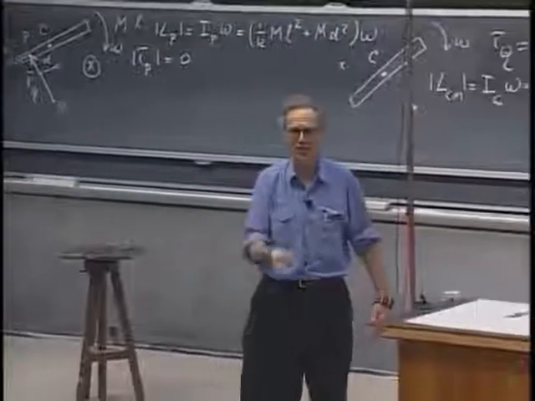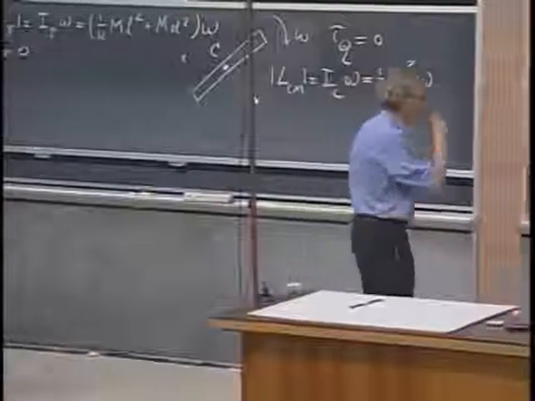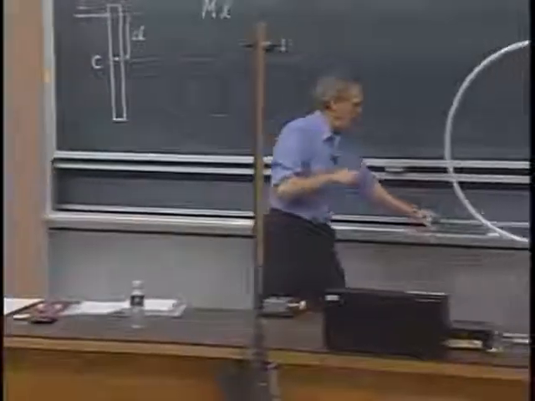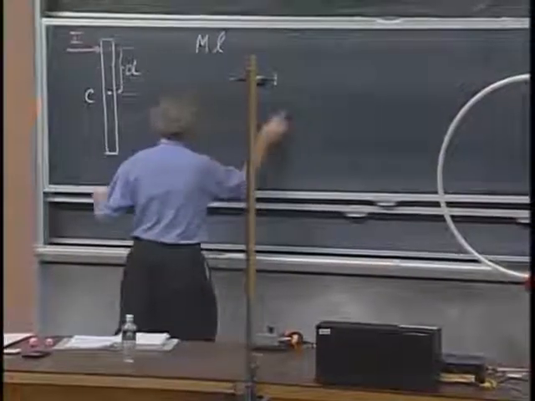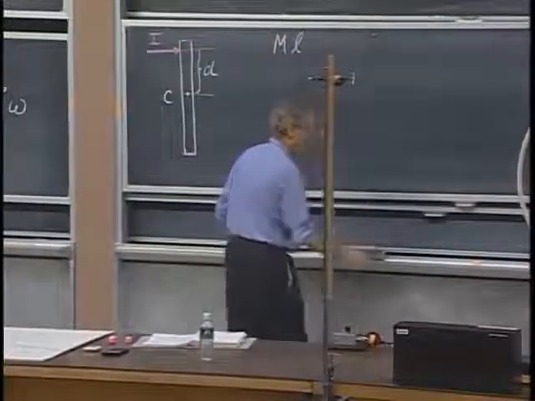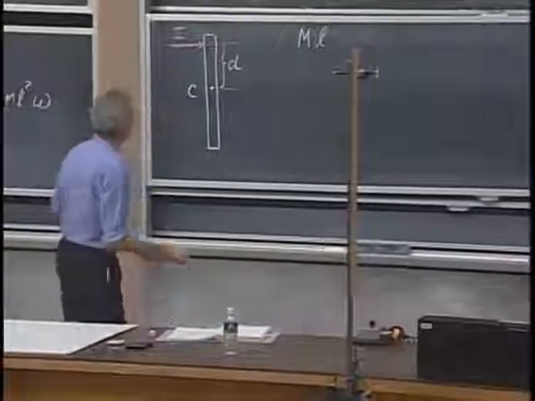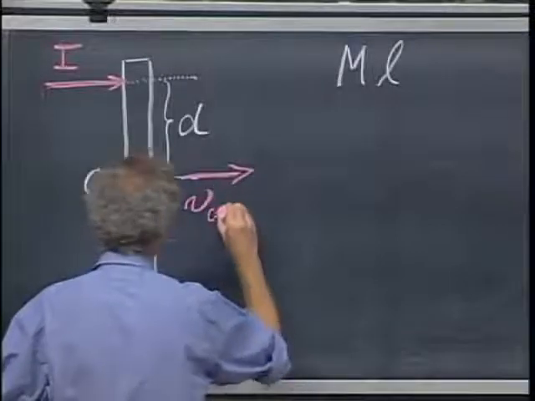That would be absurd. So from that reasoning alone, you must conclude that the only way that nature can digest that impulse is by giving the center of mass a certain velocity in this direction, which will never change.